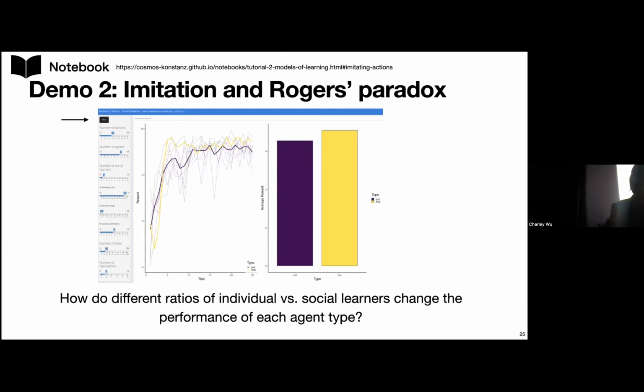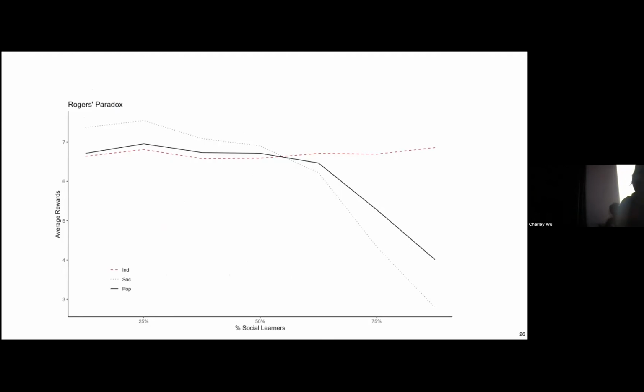That makes sense. Generally speaking, the higher the number of social learners in that kind of population, the more the average performance is reduced. This is called the Rogers paradox, which was studied by evolutionary anthropology in the 80s.